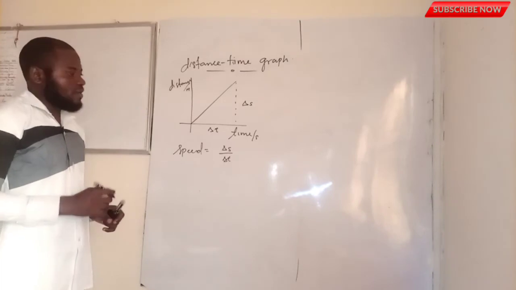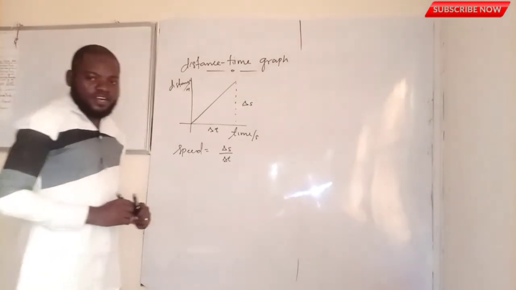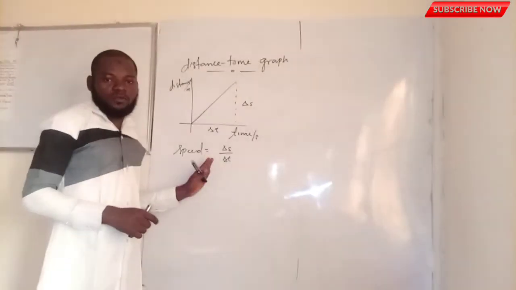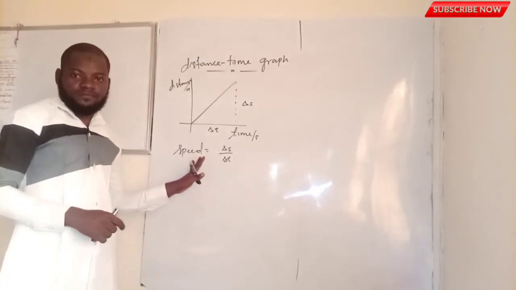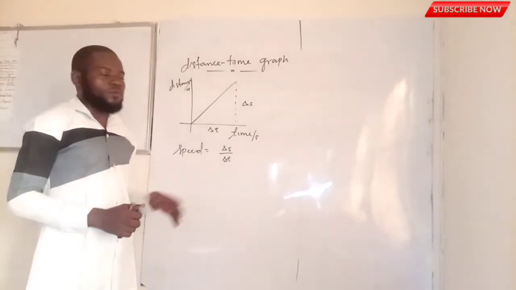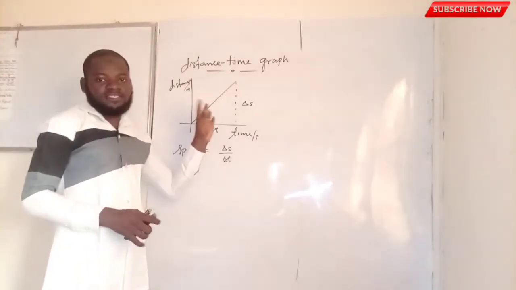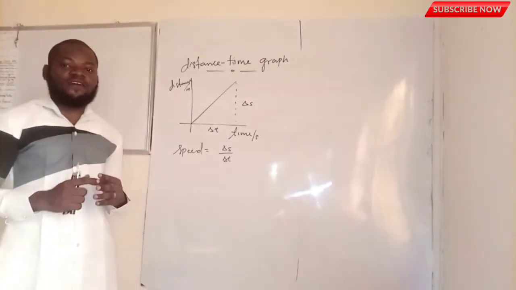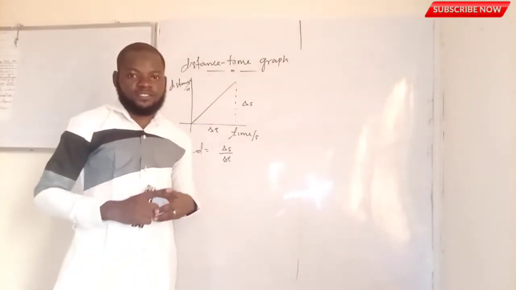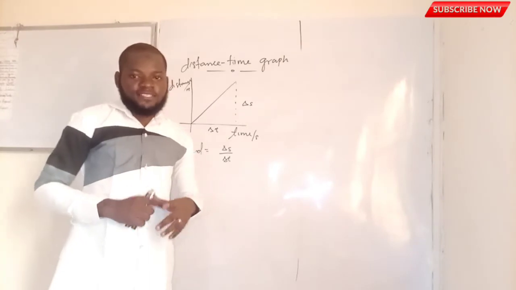For a distance time graph, the slope always gives us speed, and that is the only thing we can determine using the distance time graph.